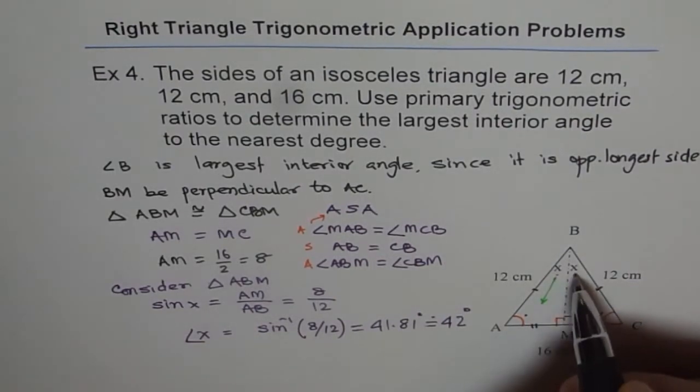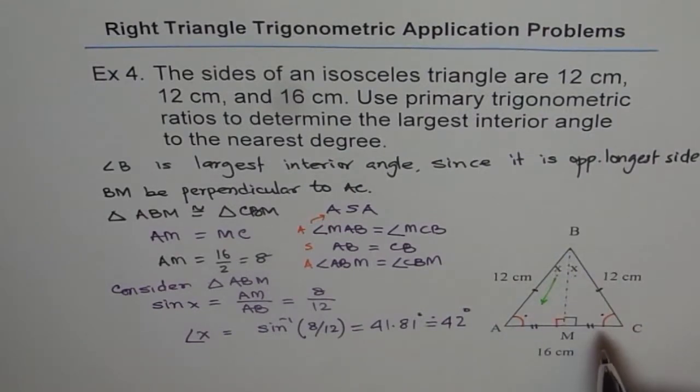Now X is 42 degrees, therefore what is angle B? Angle B is twice X, because we have to multiply by 2, so let me use 41.81. We'll not round it now, we'll round it later.